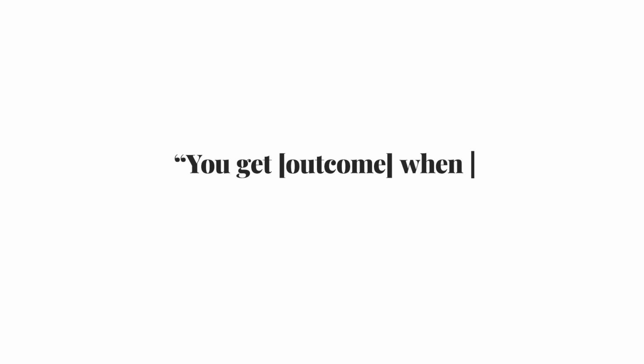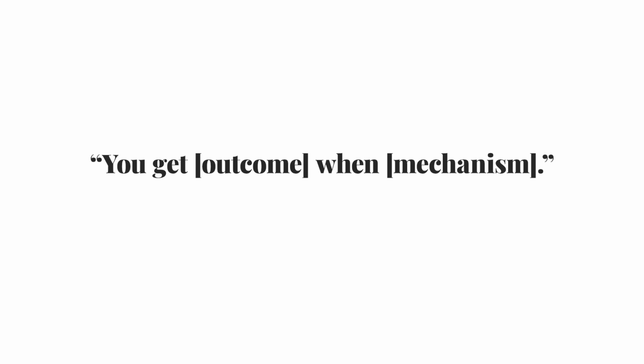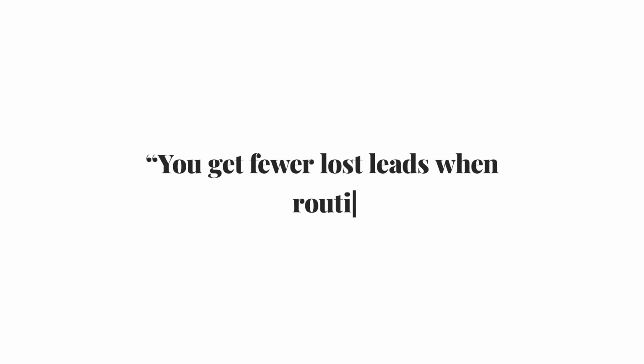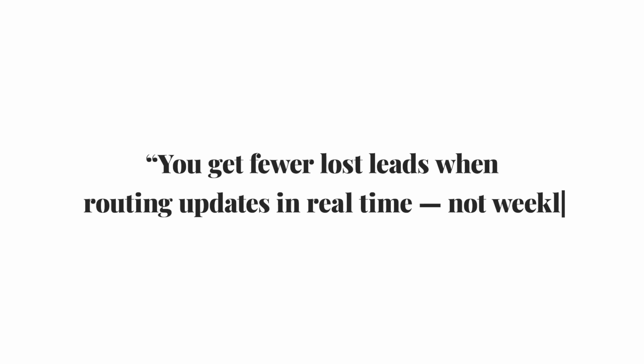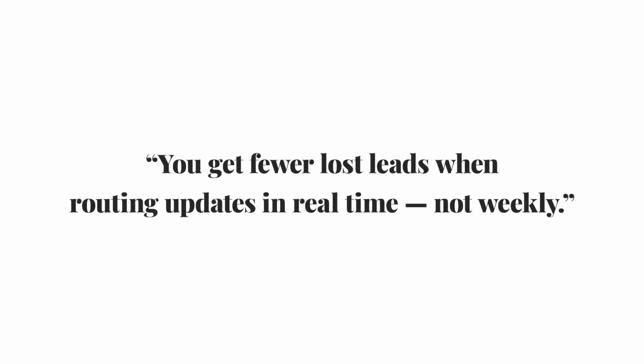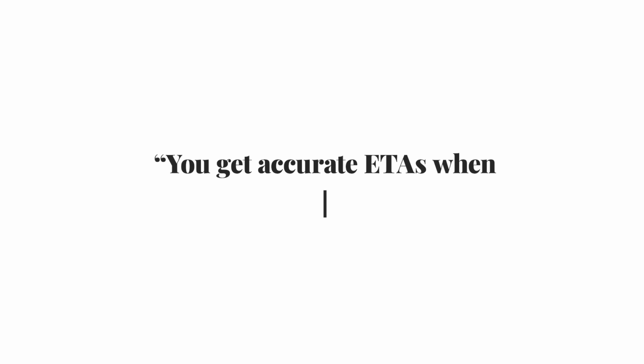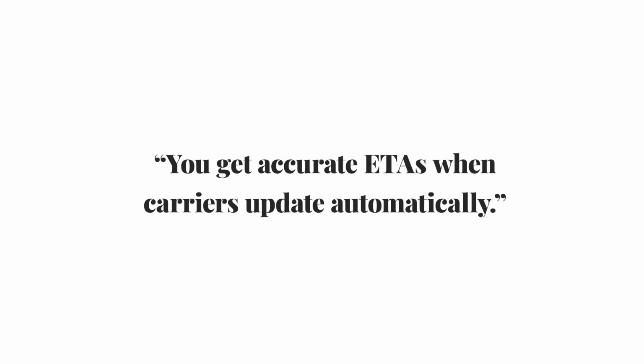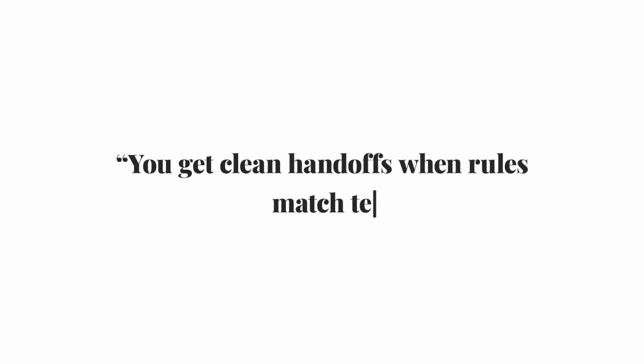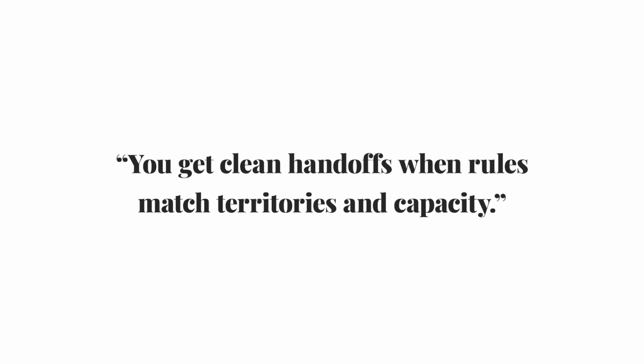Here's what it looks like in practice. Again, that basic formula is you get blank, your outcome, when, mechanism. Let's take a look at a few examples. You get fewer lost leads when routing updates in real time, not weekly. You get accurate ETAs when carriers update automatically. You get clean handoffs when rules match territories and capacity.